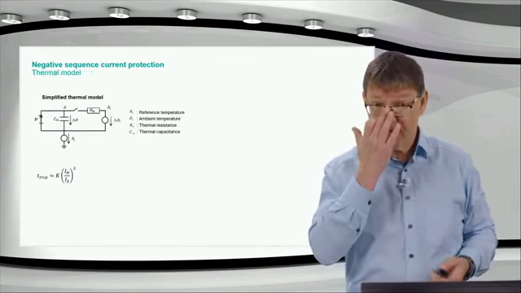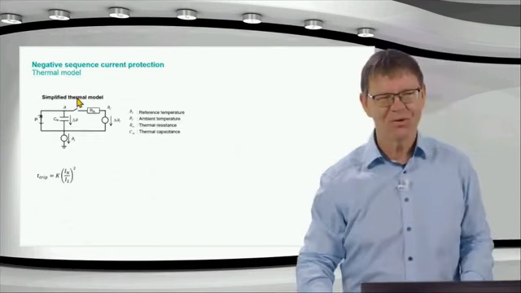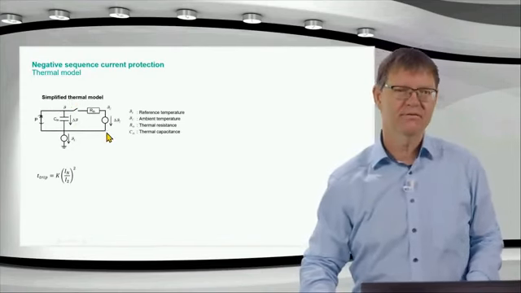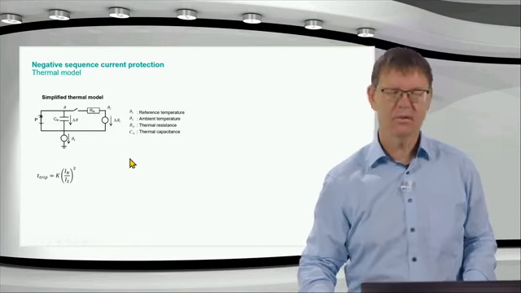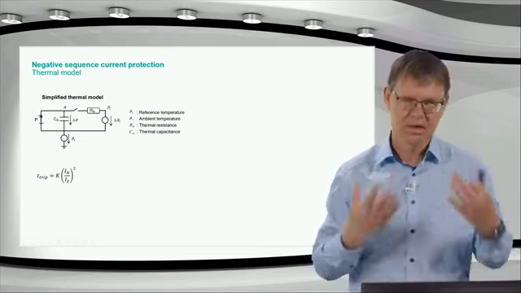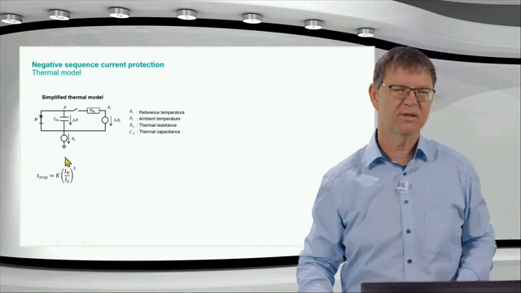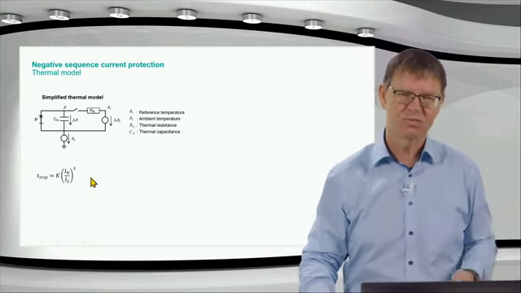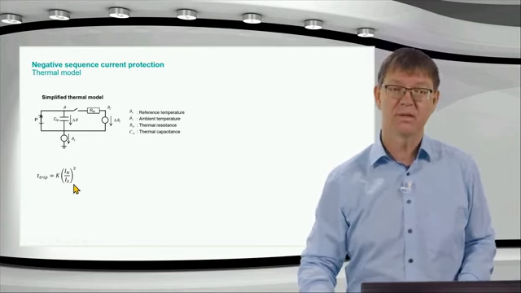Good. Also here with a thermal model, now you see it comes back and back, this switch is open. That means we don't consider any heat dissipation. The negative sequence current comes, and if it remains for a certain time, then we will trip. Also a kind of simplified approach, and the tripping time here is equivalent to the starting time supervision, only that we have the negative sequence current in the denominator.